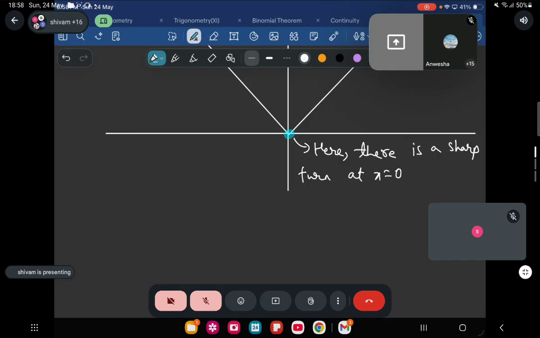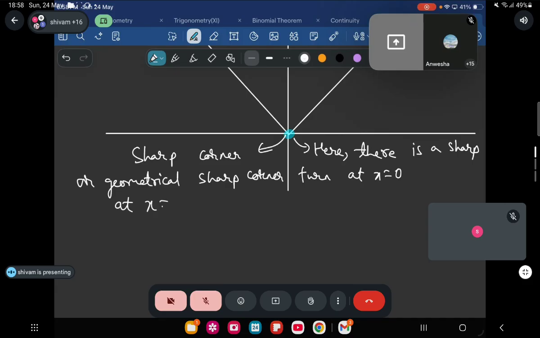You can write it as: this is known as a sharp corner, or geometrical sharp corner, at x equal to 0. So wherever you get a sharp corner, the function is not differentiable at that point.